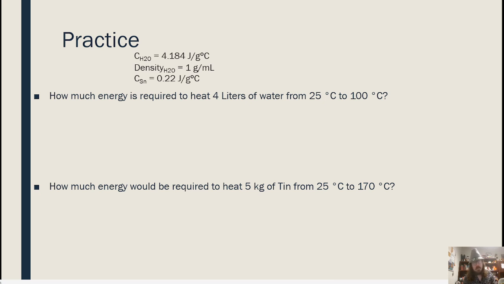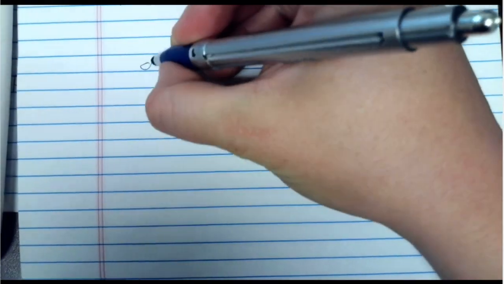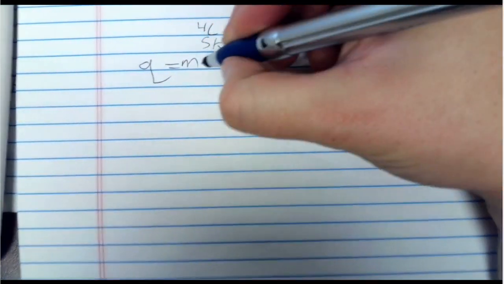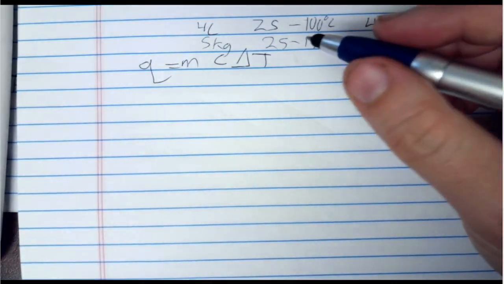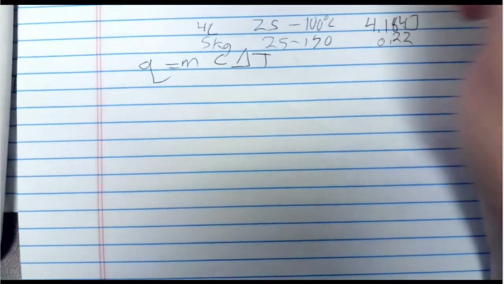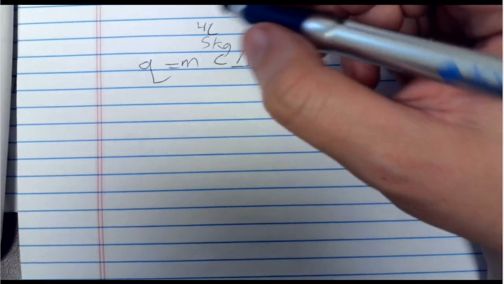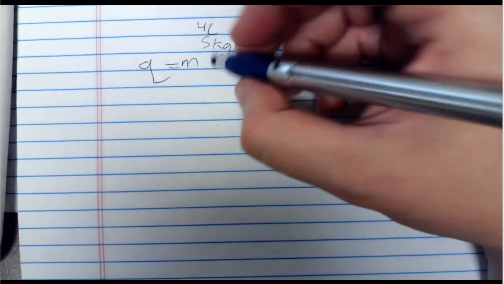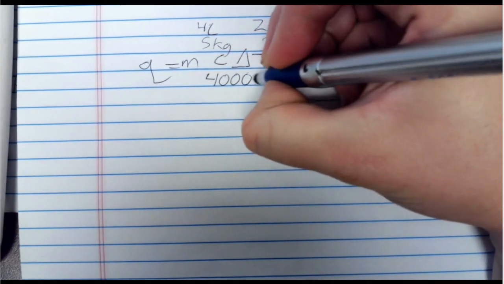Simplest problems really in the world. Breaking it down. Q equals mc delta T. The mass of water, 4 liters of water with a density of 1 gram per 1 milliliter, means the mass of water is 4,000 grams.